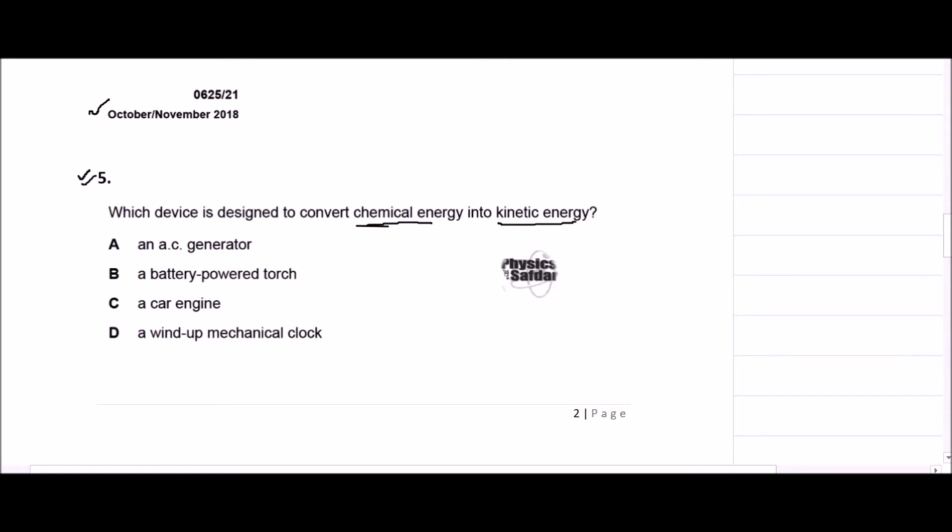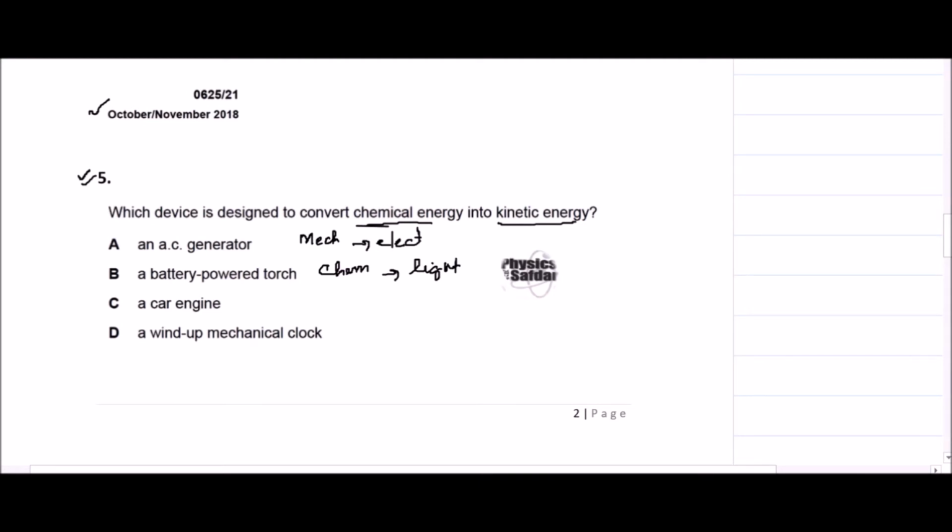Check one by one. AC generators. We know well, an AC generator converts mechanical energy into electrical energy. Torch. A battery powered torch converts chemical energy into light energy.